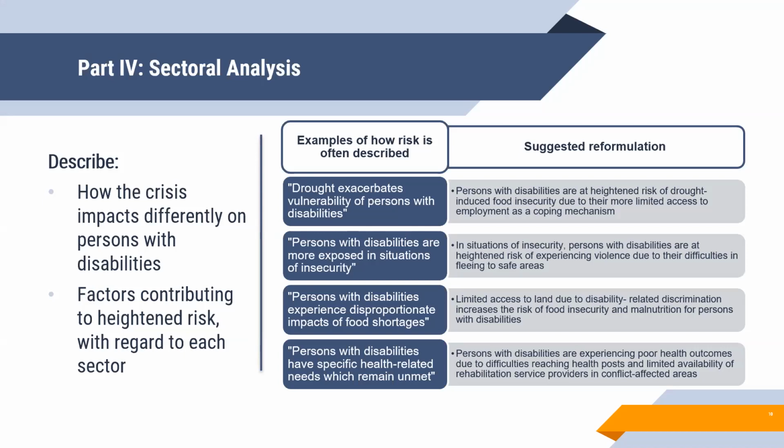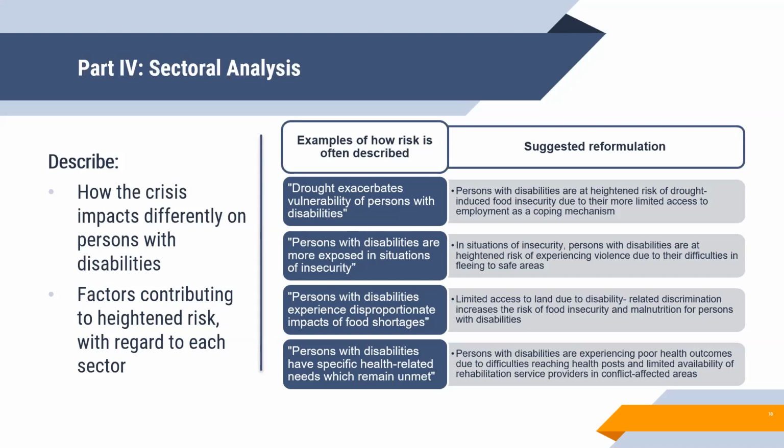So we usually suggest reformulating it to make it more concrete, so it is easy to translate into action. For example, instead of saying that, we could say that in a situation of insecurity, persons with disabilities are at heightened risk of experiencing violence due to their difficulty in fleeing or running to a safe area.